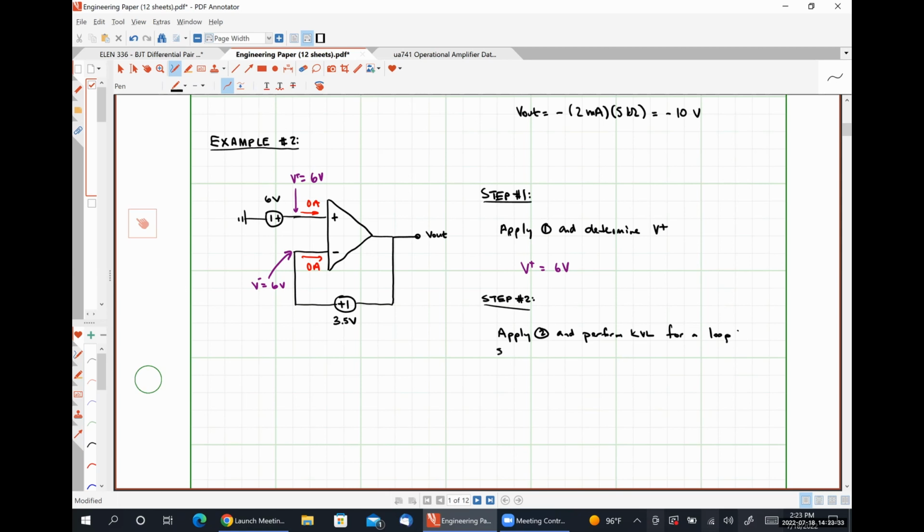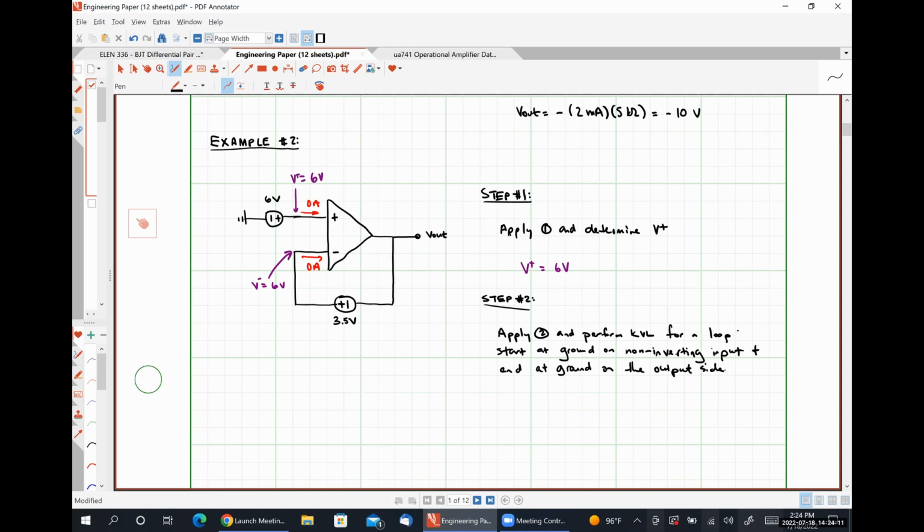So our loop needs to start at ground on the non-inverting input side and end at ground on the output side, okay?